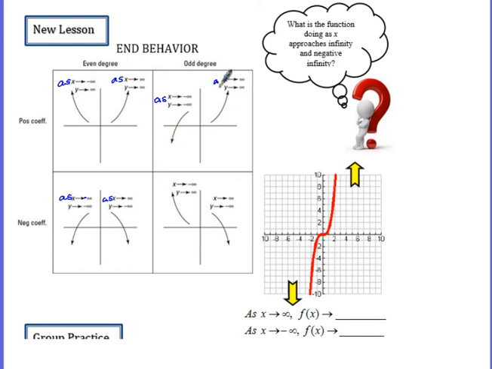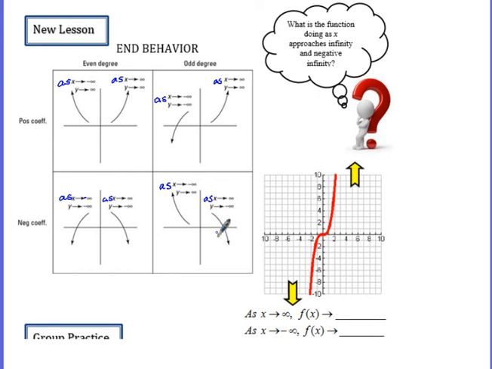As x goes to positive infinity on the right-hand side, y goes to positive infinity. And we can have the exact opposite happen, like on this one. As x goes to negative infinity, y is going up. As we move to the right, as x goes to positive infinity, y goes to negative infinity.